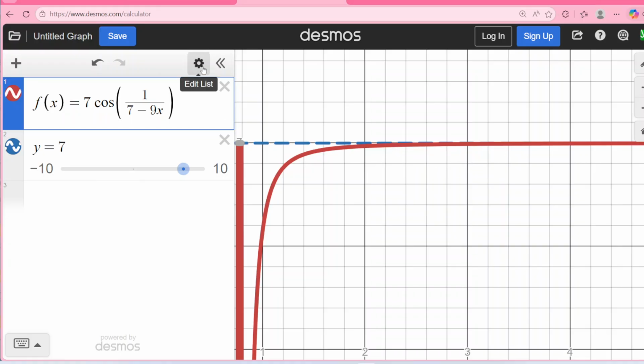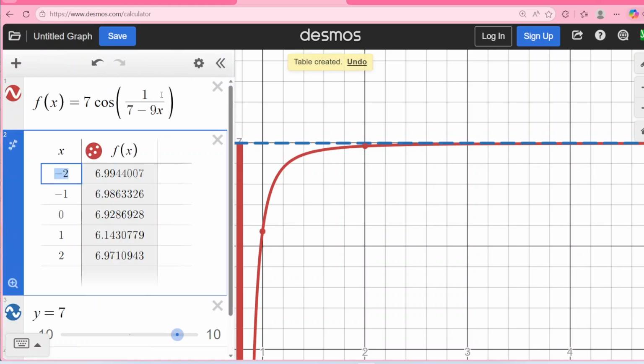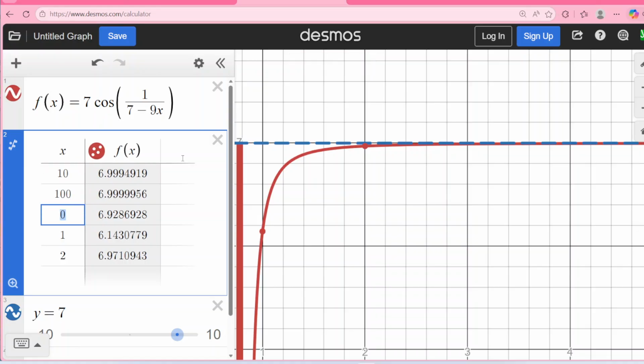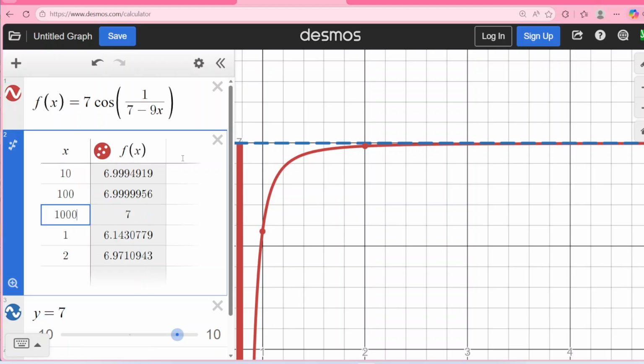And if you were to make a table and do the table thing for the function, you can plug in 10, 100, 1,000. Look at that. Even after 1,000, it eventually is so close to 7, just says it's 7. It's not actually 7, but it's so close to 7, just says 7.